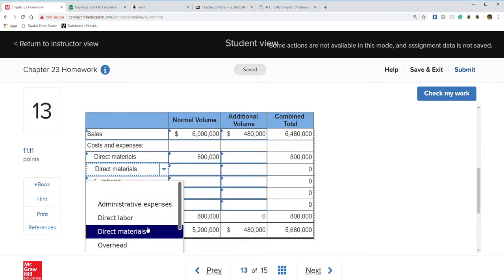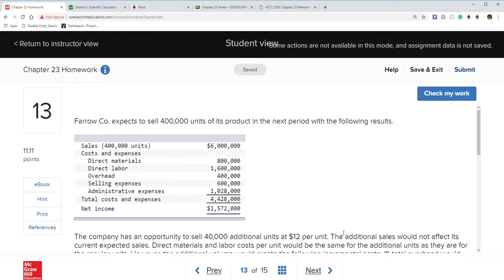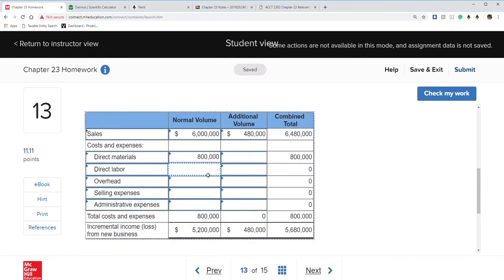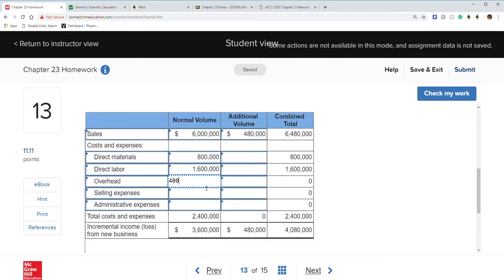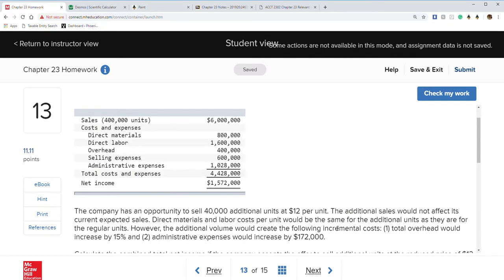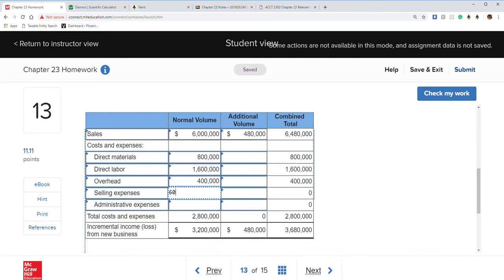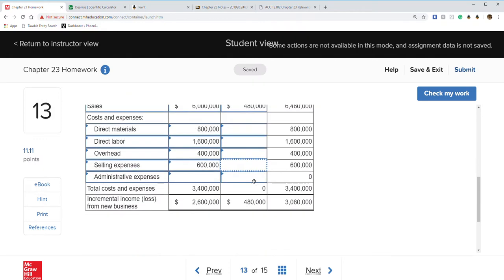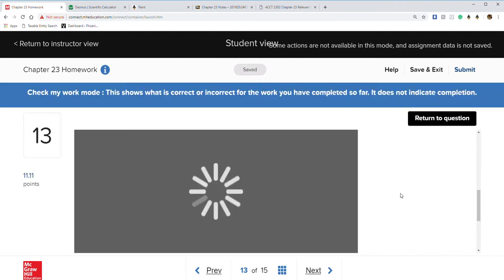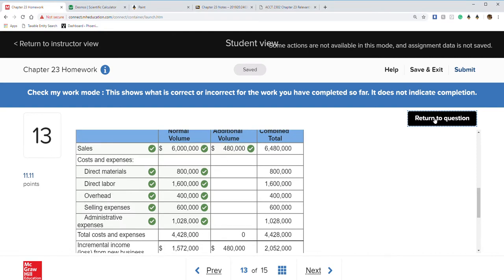Direct materials, direct labor. That way it's the same. 1,600,000. Okay, overhead, 400,000. Selling expense and administrative is 1,028,000. Okay, so now we put in that one. So check my work, everything's good.